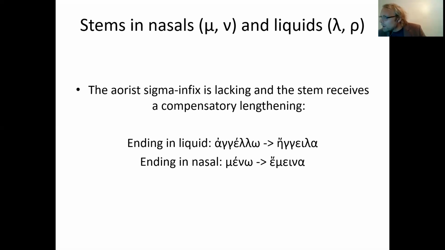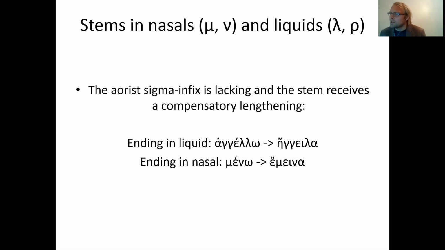So what has happened here is that the sigma infix in the aorist form has simply disappeared. And this disappearance has caused a compensatory lengthening in the stem, so that the short e sound has turned into the diphthong ei. But the person endings in these verbs are the same as in normal sigmatic aorists.